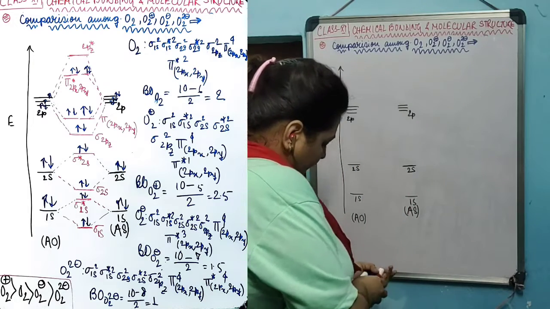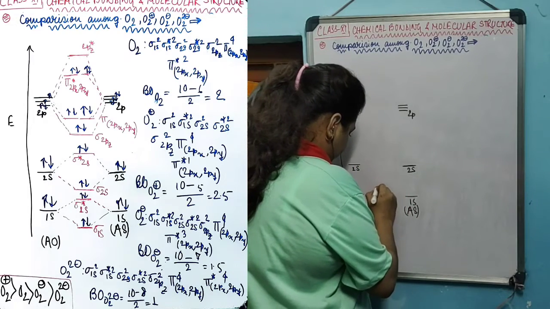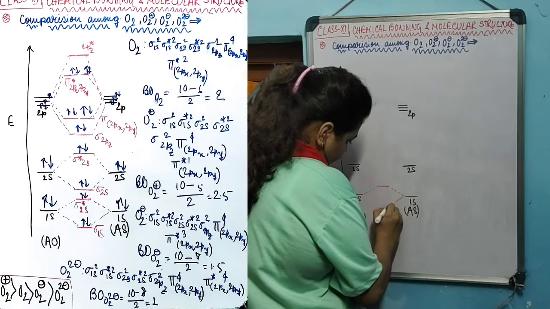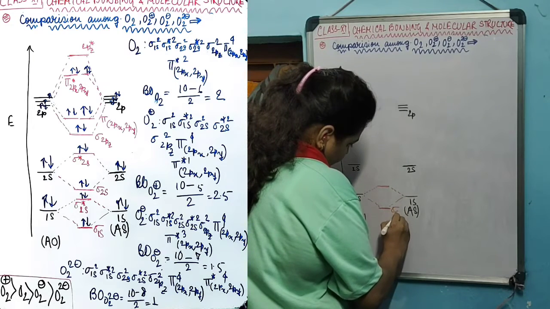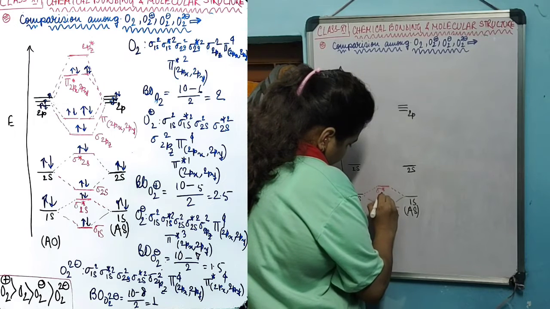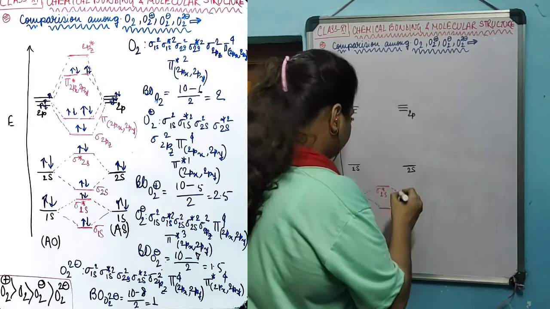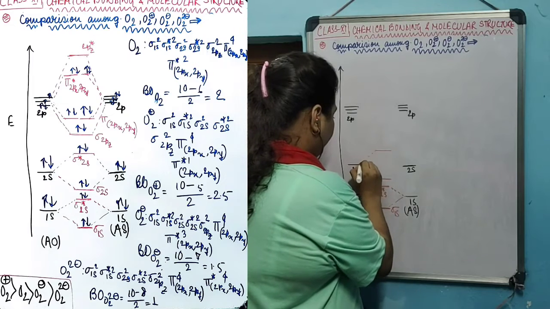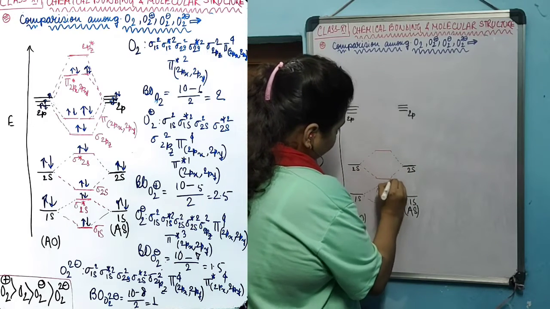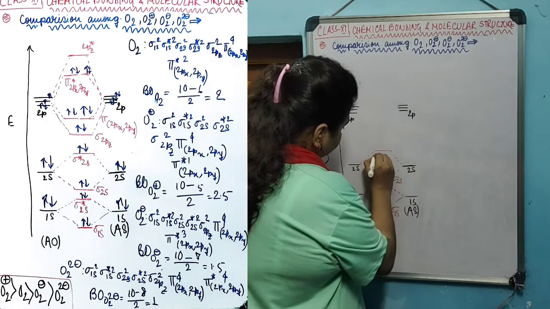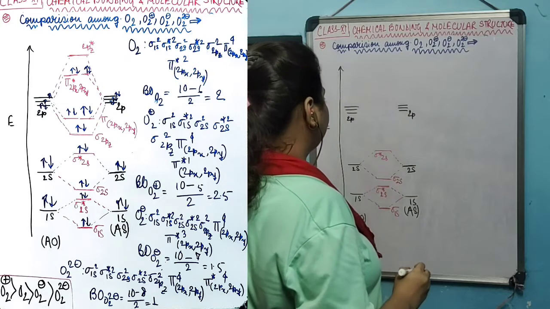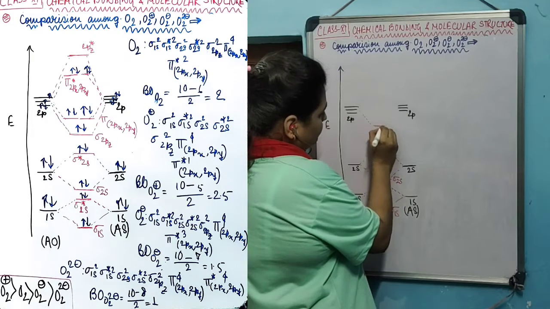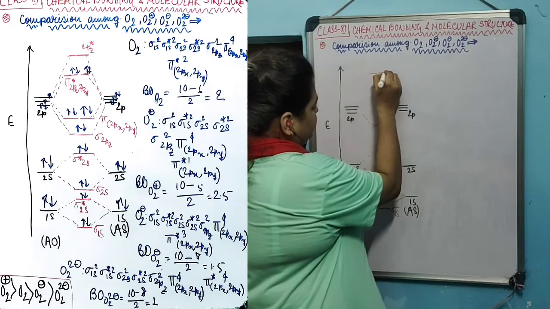At first, when two 1s orbitals combine, they will create 2 molecular orbitals, 1 bonding and 1 antibonding molecular orbital: sigma 1s, sigma star 1s. In a similar way, when 2s atomic orbitals combine, they will create 2 molecular orbitals, 1 antibonding and 1 bonding: sigma 2s, sigma star 2s. 2pz will combine with another 2pz to create 1 bonding and 1 antibonding molecular orbital.